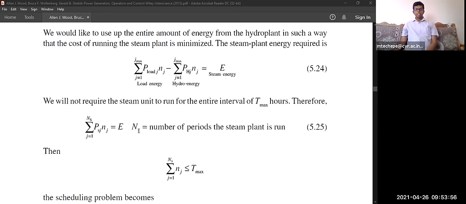Therefore, PSJ into NJ is the steam energy, that is nothing but capital E. So capital E is PSJ into NJ. Here, ns is the number of periods of the steam power plant to be operated.